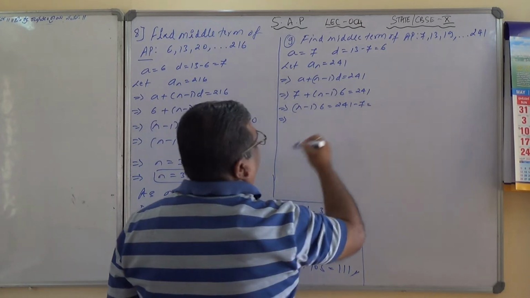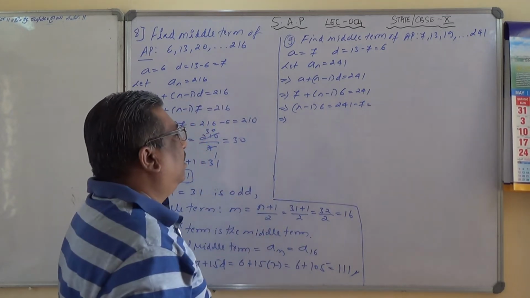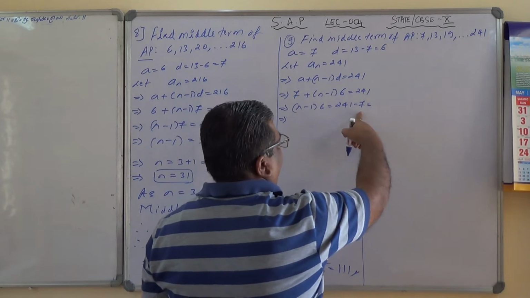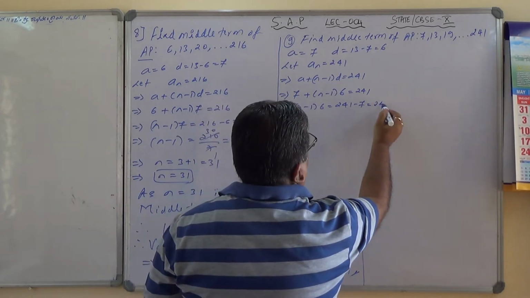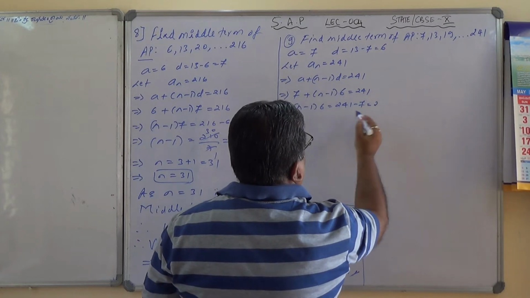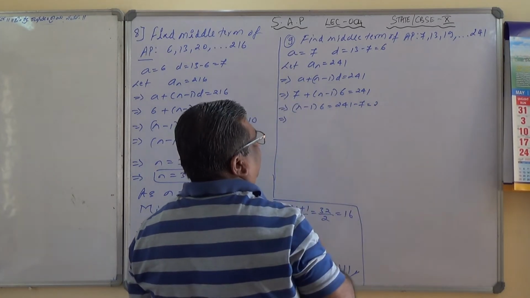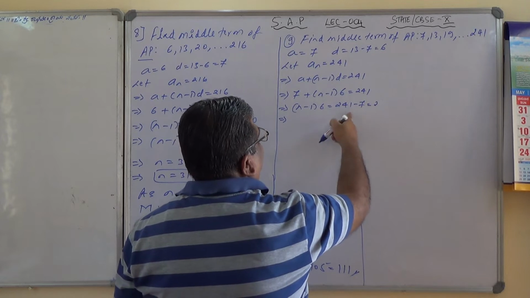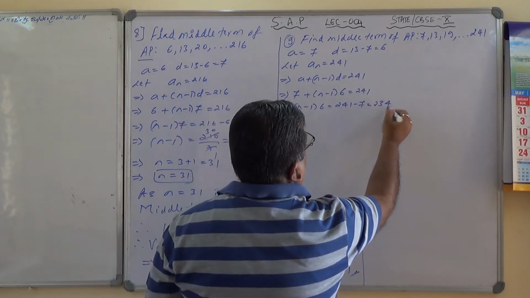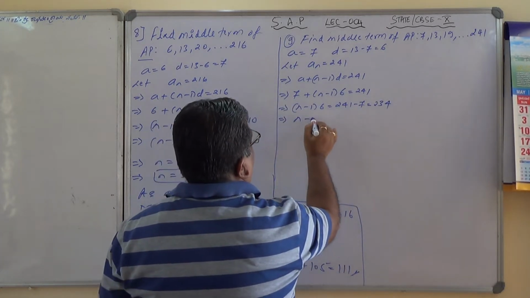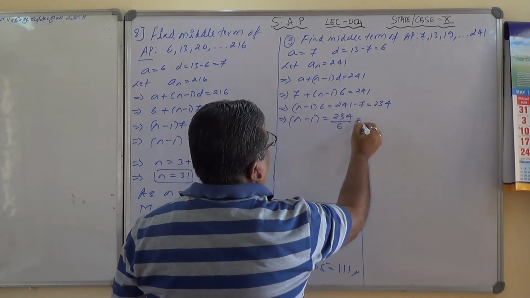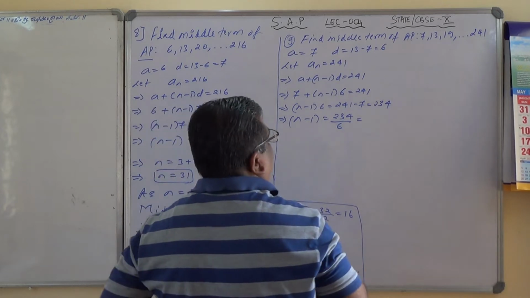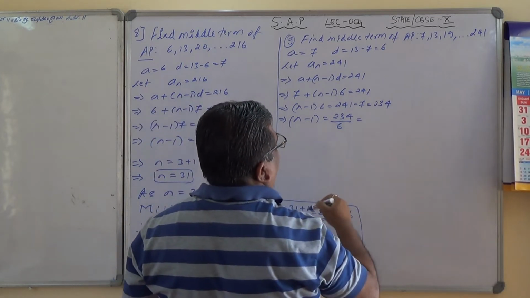What is 241 minus 7? 241 minus 1 is 240, 240 minus 6 is 234. So N minus 1 equals 234 divided by 6. Is it correct?